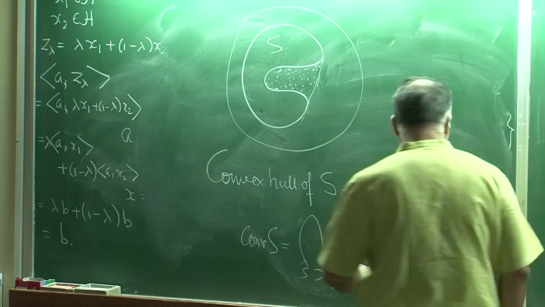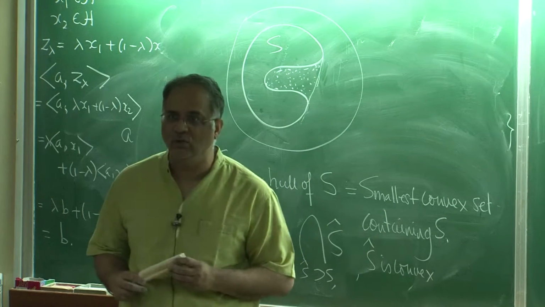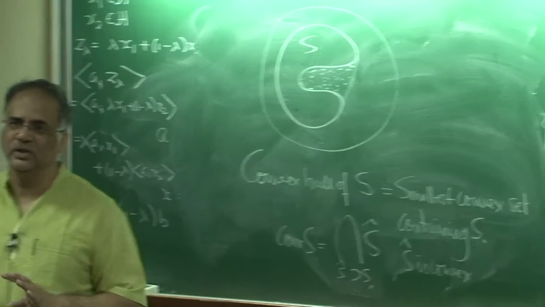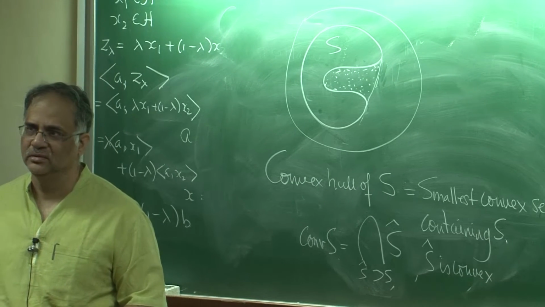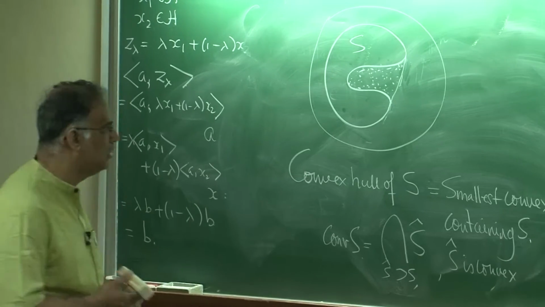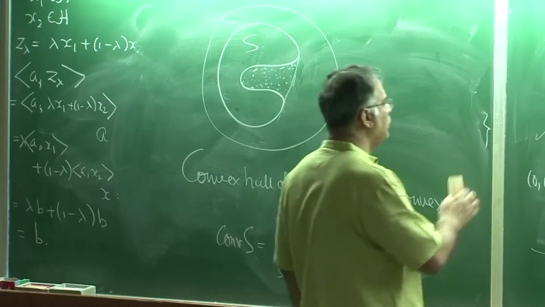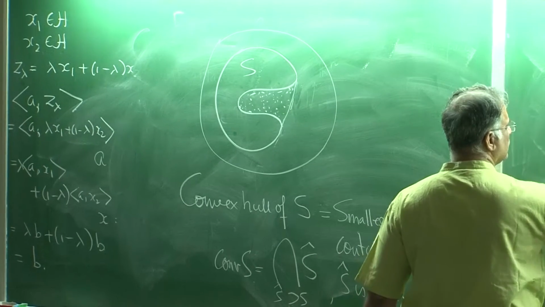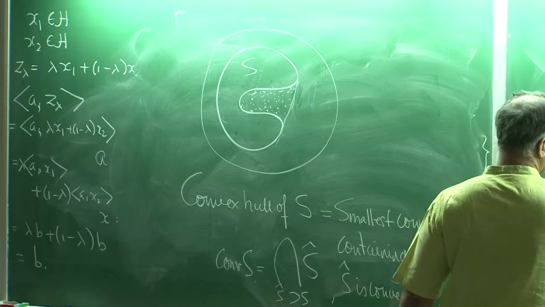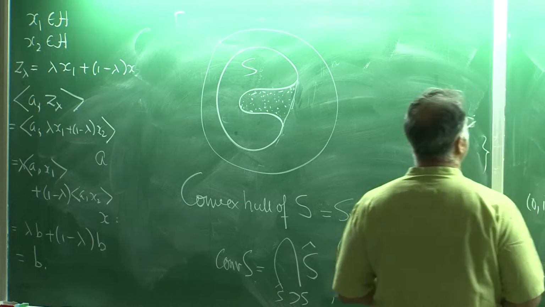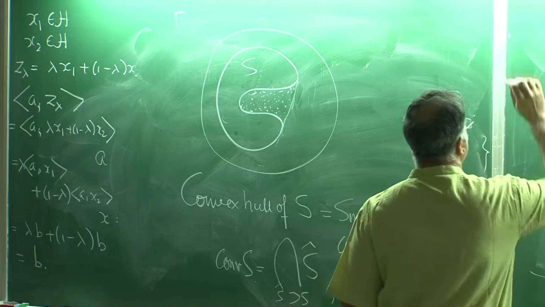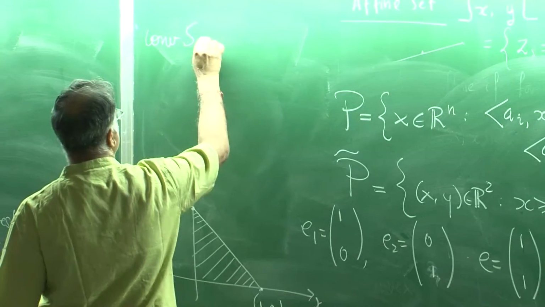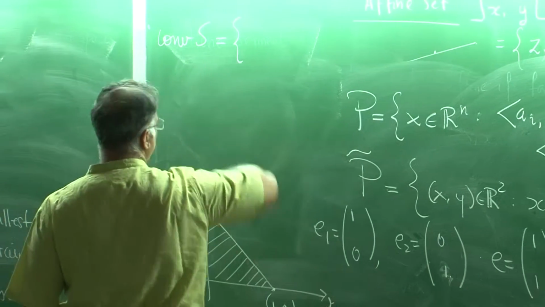There is a particular way of writing the convex hull. Actually, the convex hull contains all the convex combinations of the elements of a given set. That is a fundamental rule for how you find the convex hull. So, given a set S, the convex hull of S is equal to the following set.